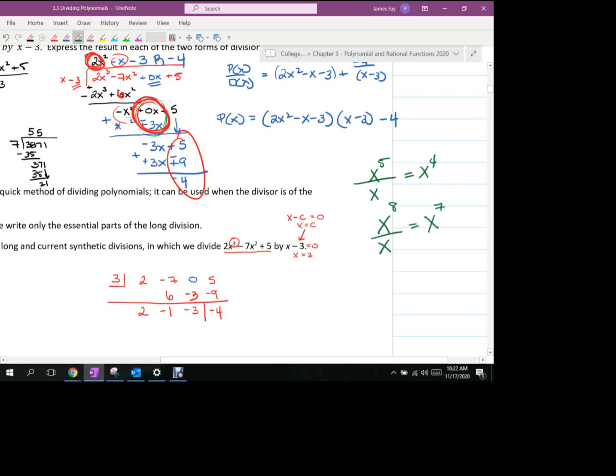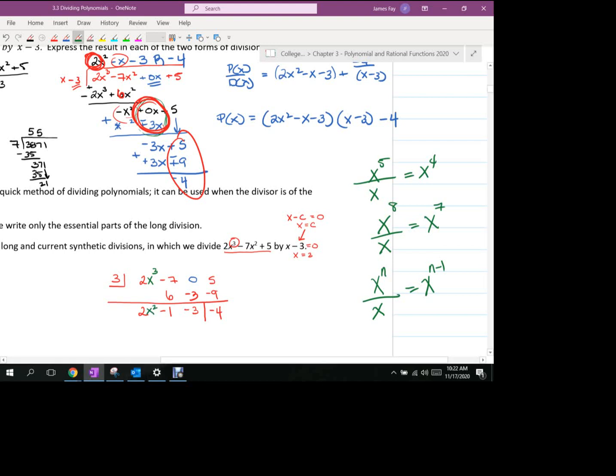X to the 7th. So what we're saying is if I take x to the n and I divide it by x, that's going to give me x to the n minus 1, right? That's what's going on here. We took x cubed right there, and we divided, this was x to the 1st, correct? When I divide them, what is this quotient's x going to be? X squared.